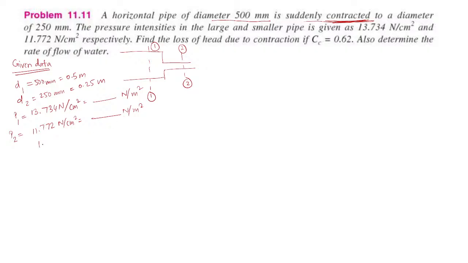So we know 1 meter equals 100 centimeter, so 1 centimeter equals 1 by 100 meter. As we are squaring, you can understand what we have to do over here, right? So accordingly you can give 13.73.